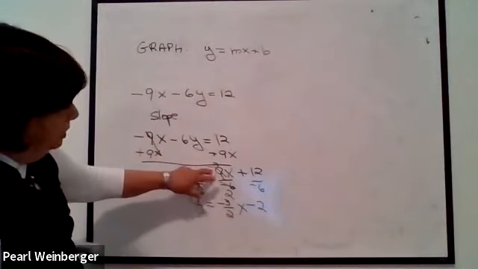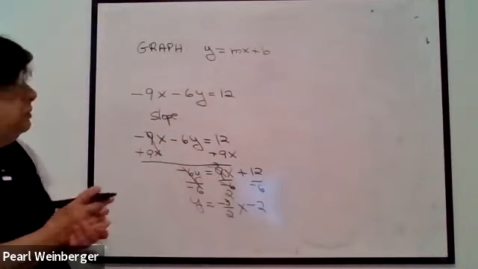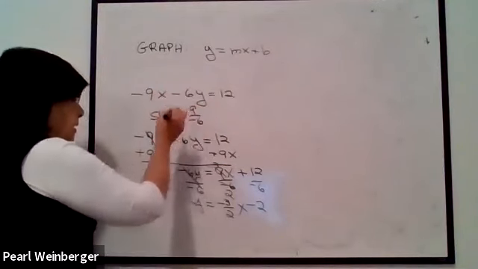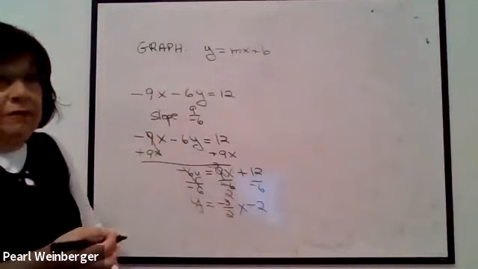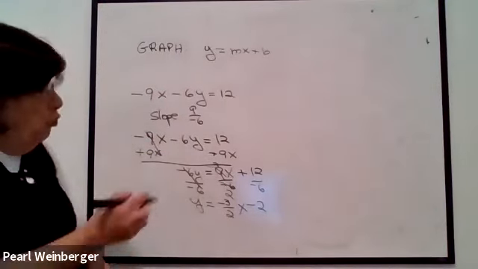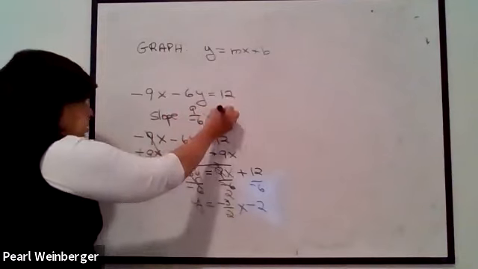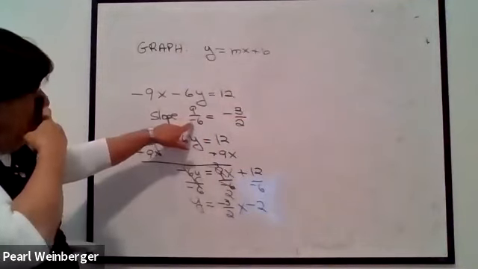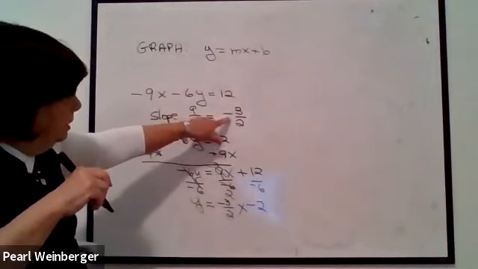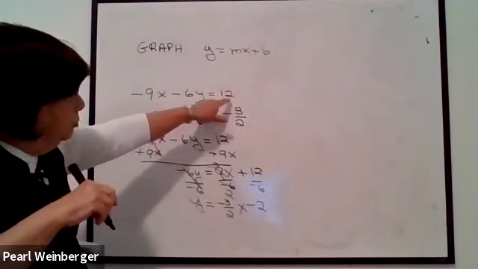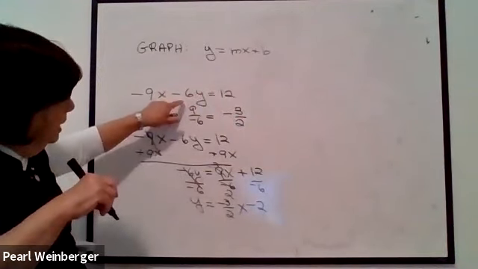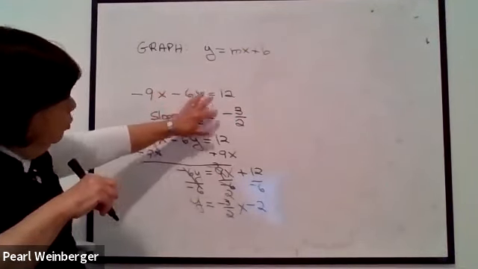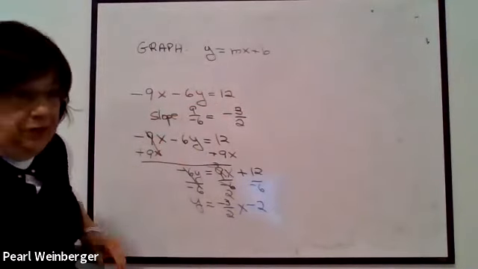There would be nothing wrong leaving this 9 over negative 6, and if you said the slope is 9 over negative 6, that would be completely correct. But if you were told to give it in simplest form, you would have had to reduce it to negative 3 over 2. It's better not to leave the negative in the denominator. It's better to put it either in front of the fraction or in the numerator. Remember, when you have a negative in a fraction, it can either go on top or on bottom or in front, and it all means the same thing.